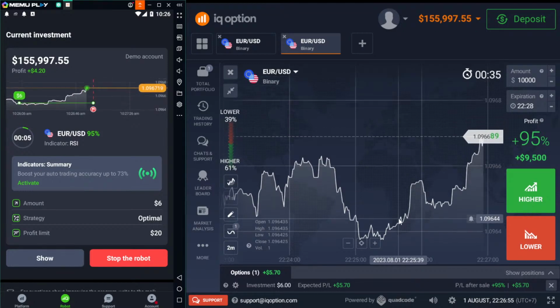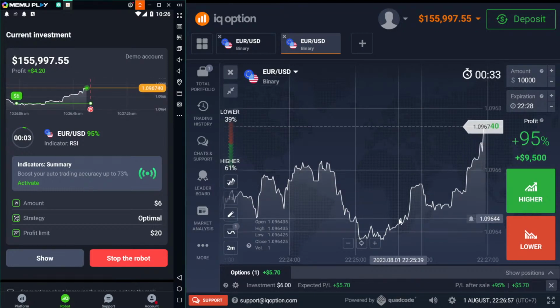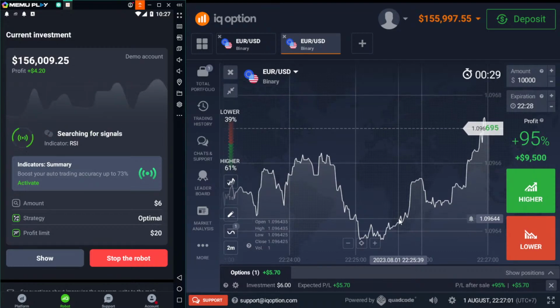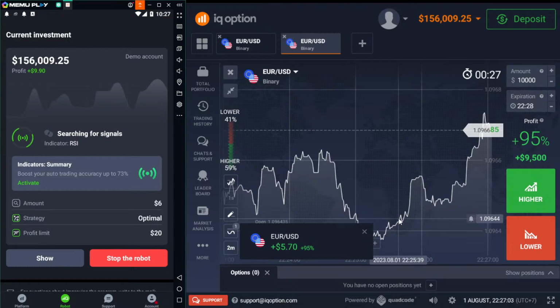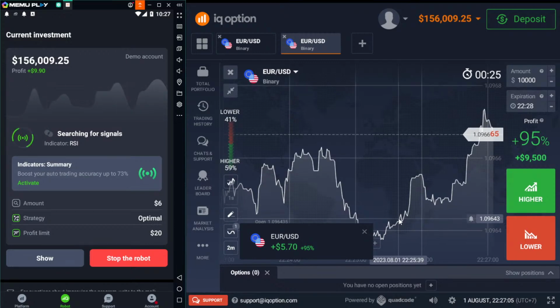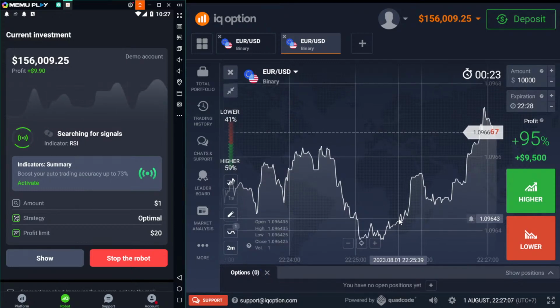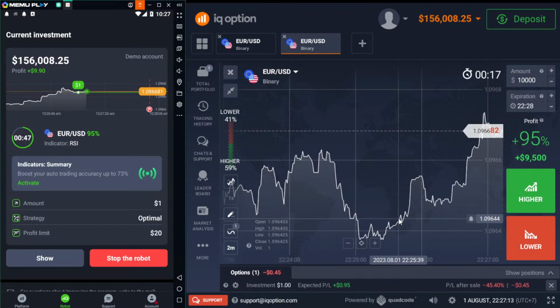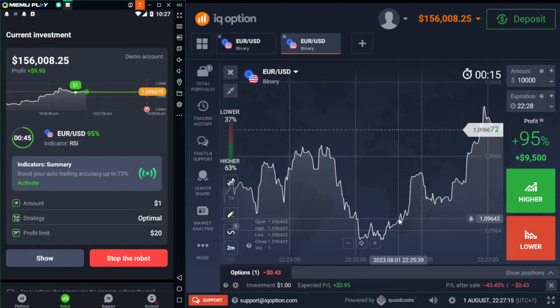Type EMA, color red, thicken line, and apply. The second indicator is the very effective Awesome Oscillator. Here it is. Slow period 2, fast period 200, and let's start now.